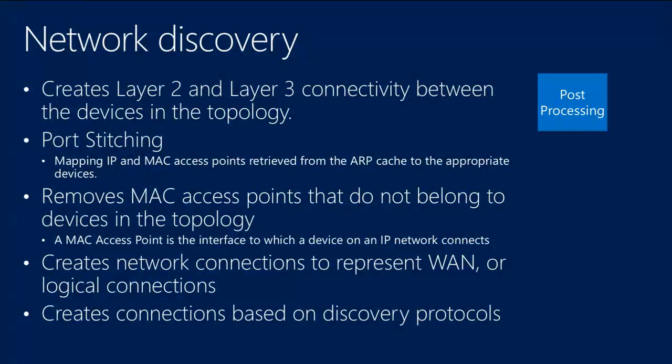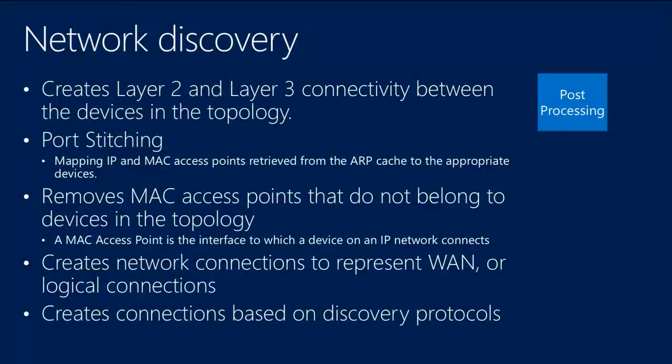Then in the network discovery, we have the post-processing phase. The device is added in the console. You can have a look at it, right-click it, diagram view, and see what we're monitoring. Behind the scenes, the management server that's responsible will create layer 2 and layer 3 connectivity in the topology. It will do the port stitching based on the understanding we have of the servers we're monitoring, draw the lines, and start building your map even more.